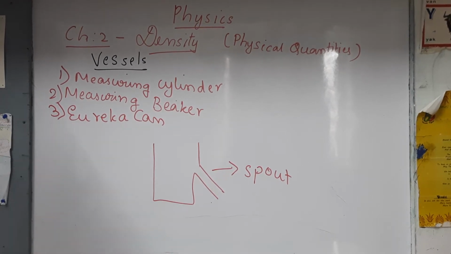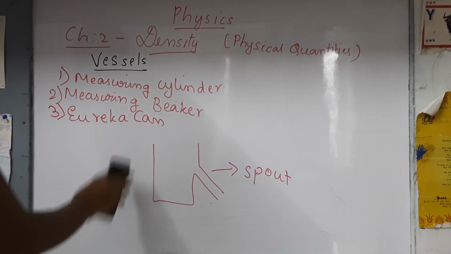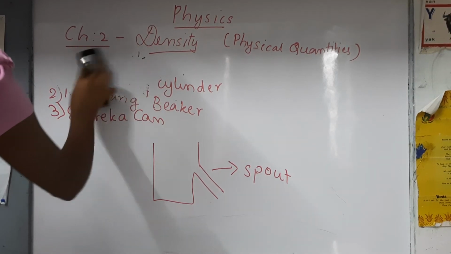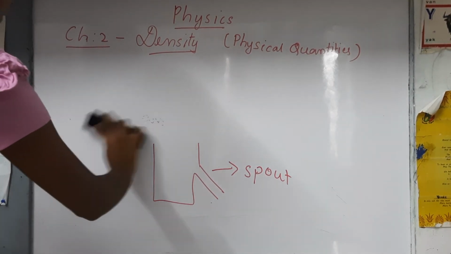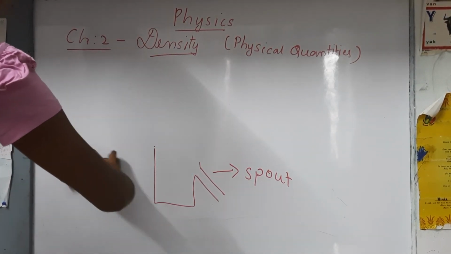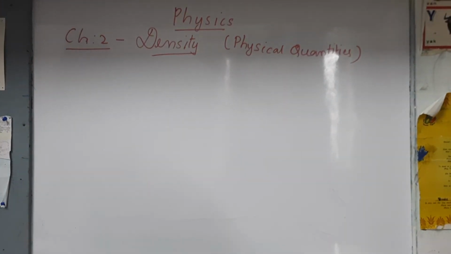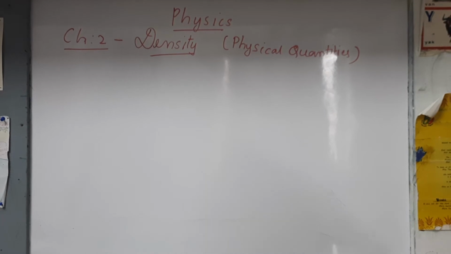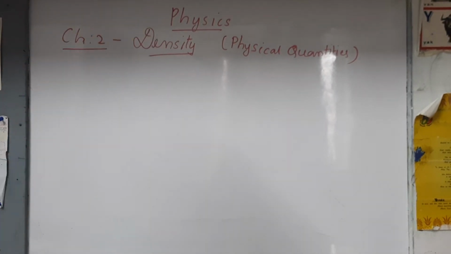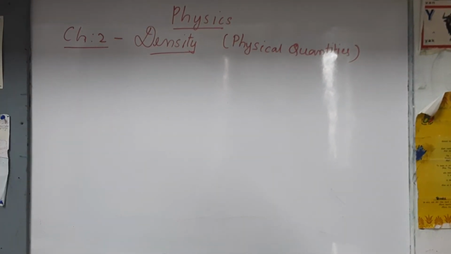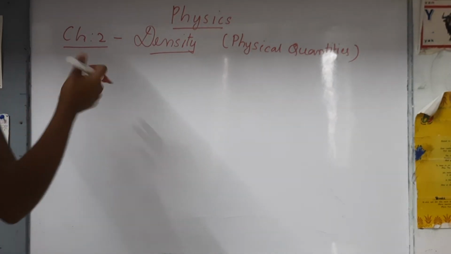Now let us see how we can determine the density of irregular objects. Till now we saw the density of a regular solid, and the vessels for measuring volume.